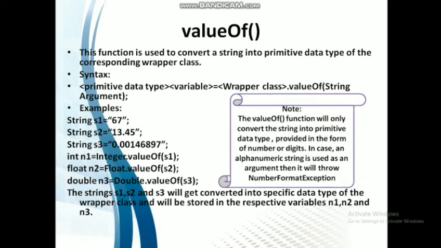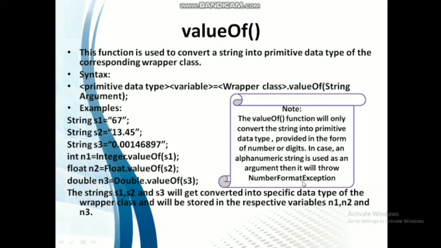And there is a small note also. The valueOf function will only convert the string into a primitive data type if it is provided in the form of a number or digits. In case any alphanumeric string is used as an argument, then it will throw a NumberFormatException.